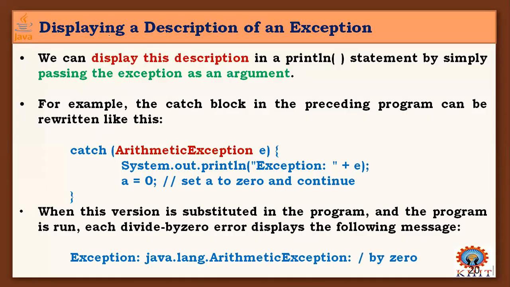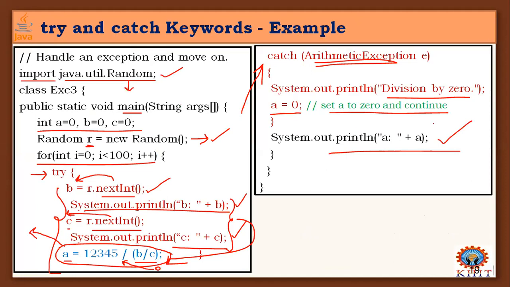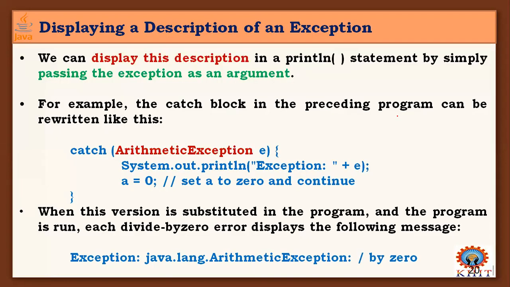Next, we can display the description. In the previous way, we just displayed a statement like division by 0 error occurred. But we can display the string using the stack trace, right? For doing that, using the println statement, we just modify this catch block and rewrite it like this. Catch ArithmeticException e, this is the same.